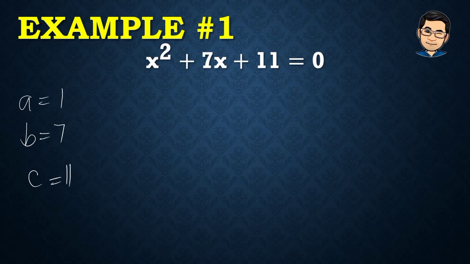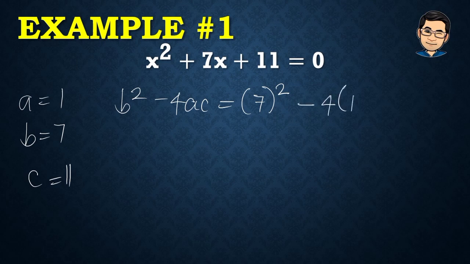Next, applying discriminant, b squared minus 4ac is equal to the value of b, 7 squared, minus 4 times a, 1, and then value of c, 11. Next, 7 squared, that is 49, minus 4 times 1, 4, times 11, 44. Then we subtract 49 minus 44, that is 5. So our discriminant is positive, which is 5, but 5 is not a perfect square.